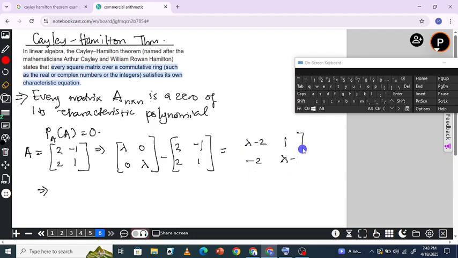So you are going to use straight lines because you are finding the determinant. And the determinant of a 2 by 2 matrix is the leading diagonal minus the other diagonal.